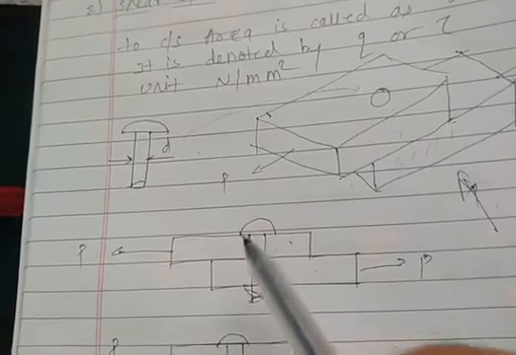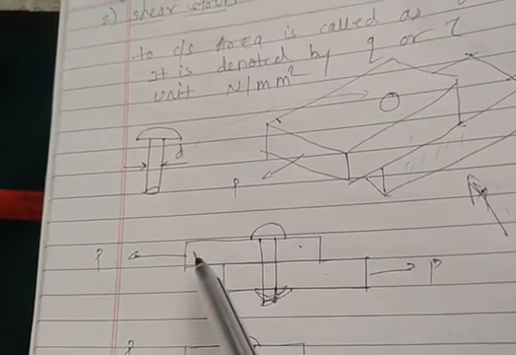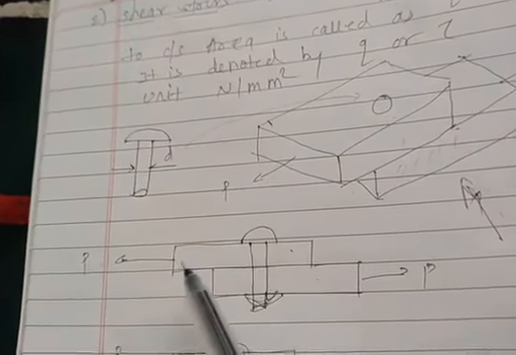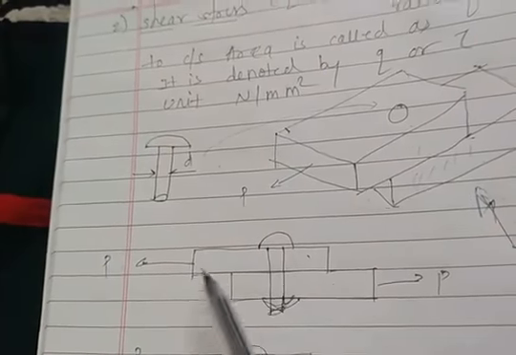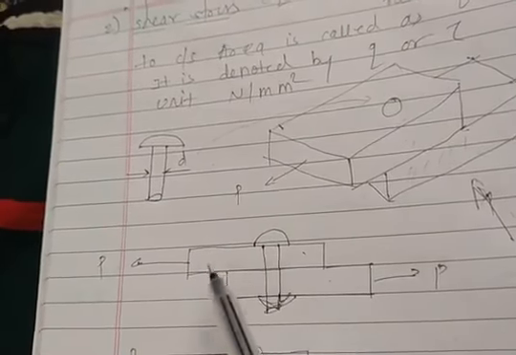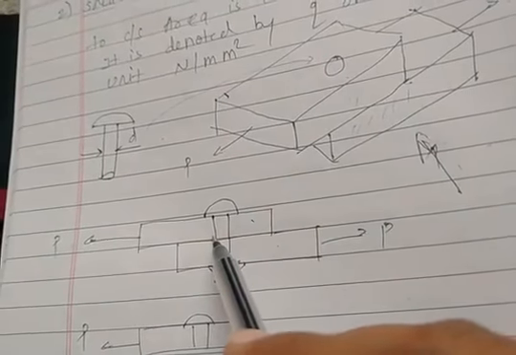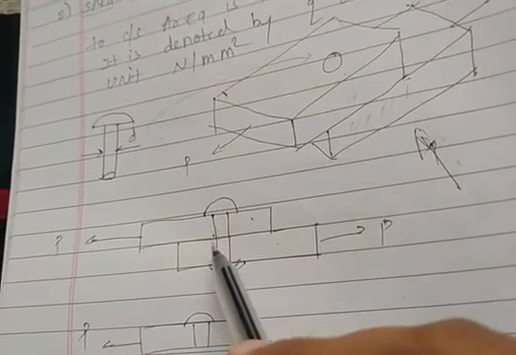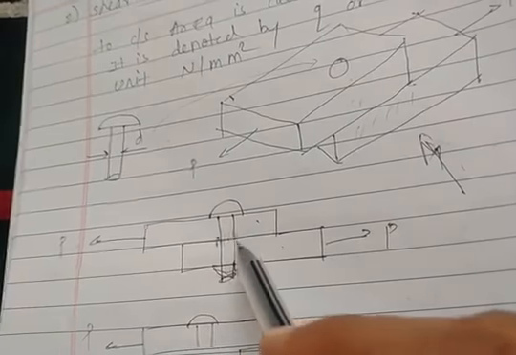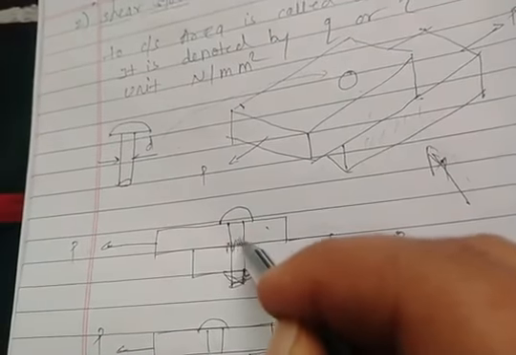When force is applied on plate number 1 and plate number 2, remember these two forces are parallel. And what is the effect of this? If force is applied, then this rivet will break over here, and we will get a diagram like this.